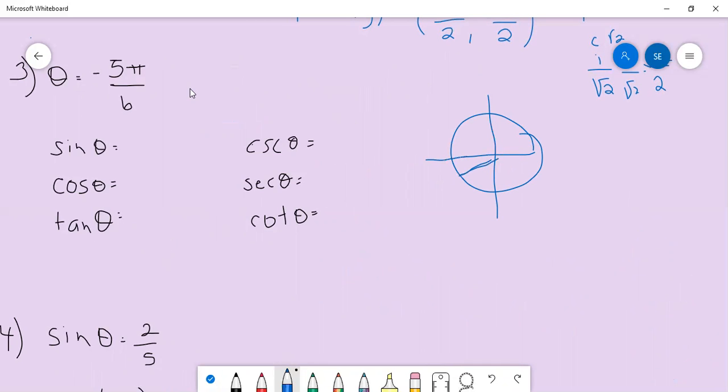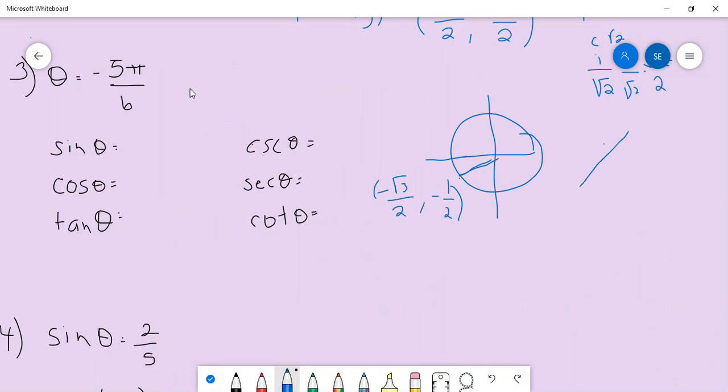So our reference angle is pi over 6. This point, if we memorize our unit circle, is negative square root of 3 over 2 and negative 1/2. Again, a little aside, this pi over 6 is 30 degrees.